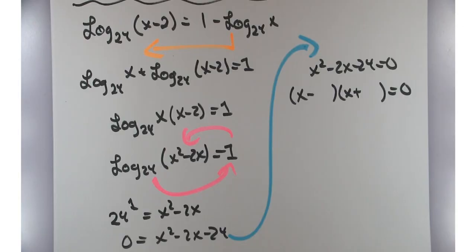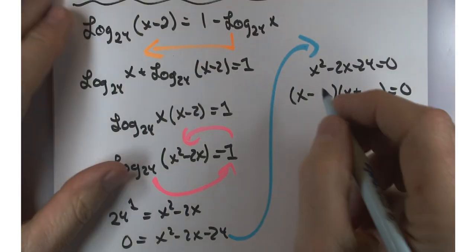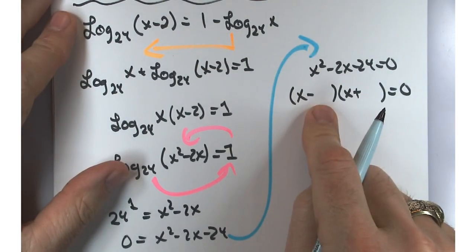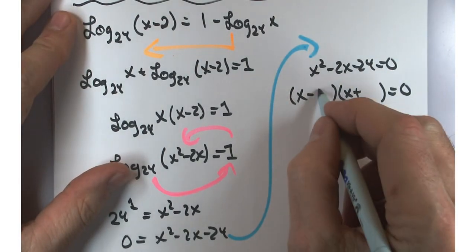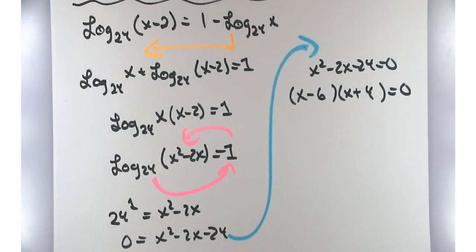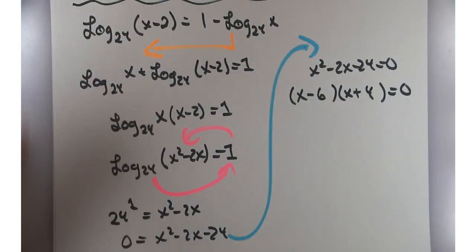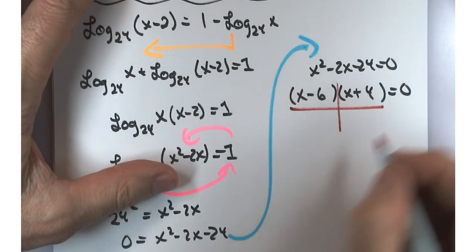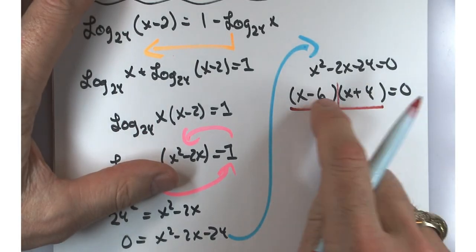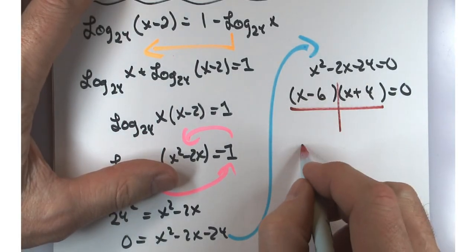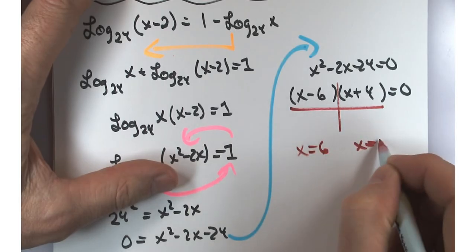Negative 6 and positive 4. To jump down to the solution, x equals 6 or x equals negative 4. Great.